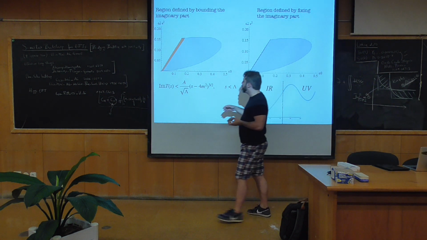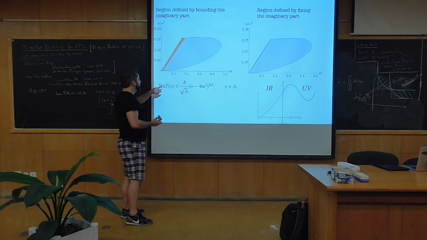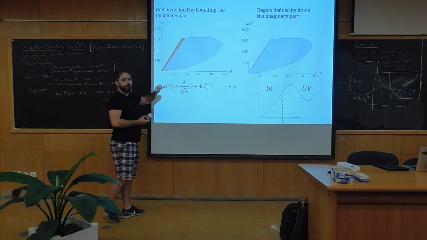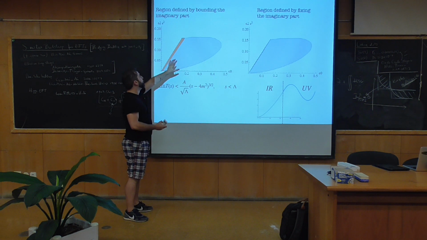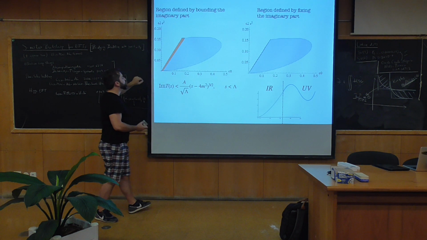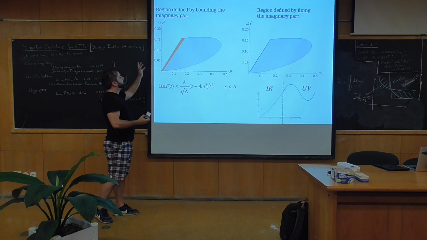Okay. And these are different prescriptions now. Okay, so these are the other two prescriptions that I mentioned. Okay, so if we impose that the imaginary part is smaller than some form that is inspired by some analytic solution in 2D, okay, this blue region shrinks to the orange one, and one may wonder why this is better.